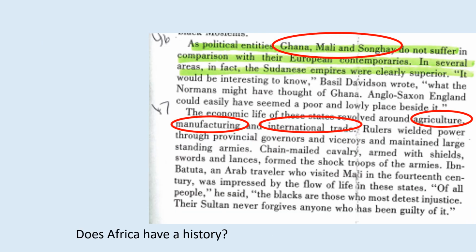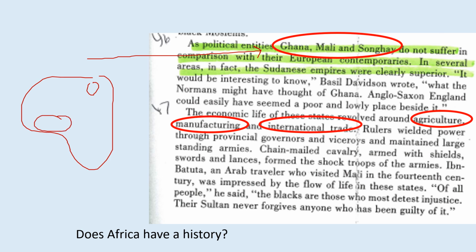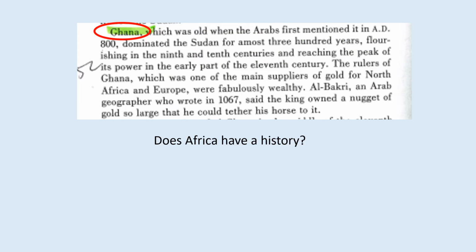This piece is trying to argue the success of Ghana, Mali, and Songhai as high civilization examples. So if we're looking at Africa, Egypt, and this particular region, these empires are here. What they're trying to do in this reading is dispute that belief with regard to Africa being the Dark Continent.